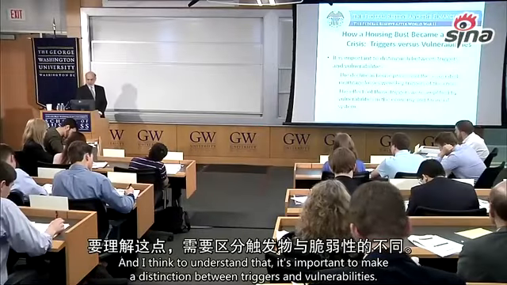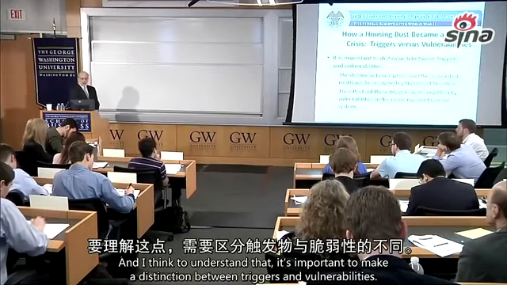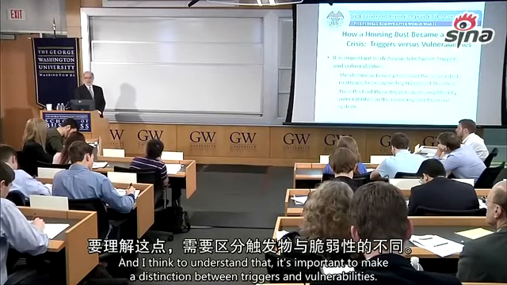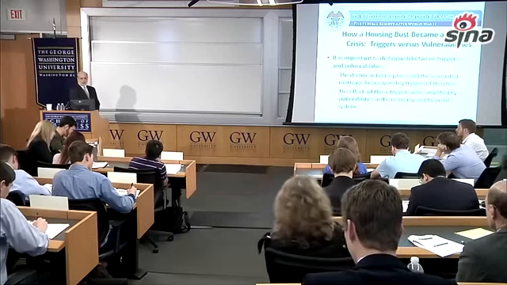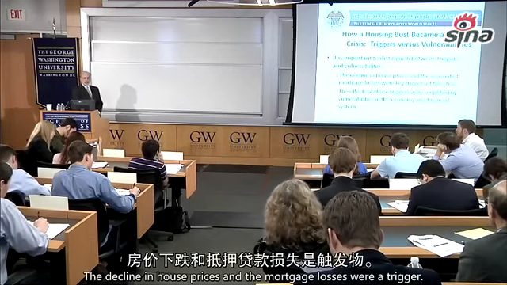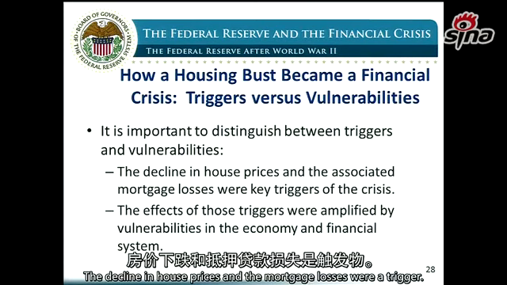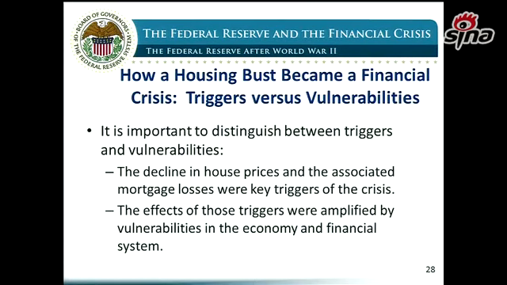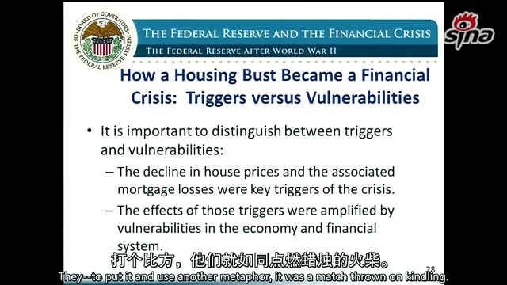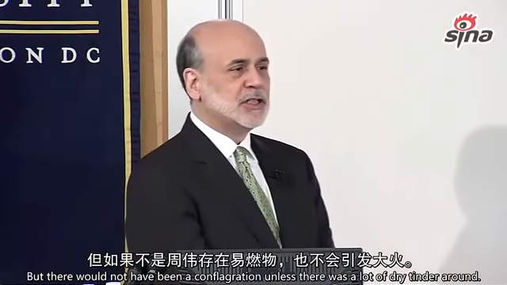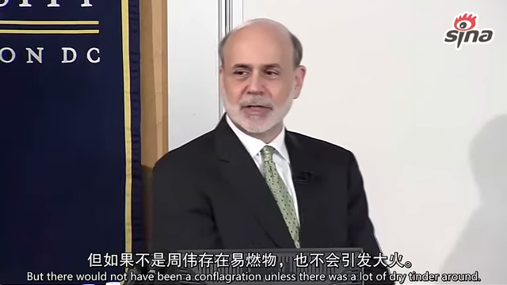And I think to understand that, it's important to make the distinction between triggers and vulnerabilities. The decline in house prices and the mortgage losses were a trigger. To use another metaphor, it was a match thrown on kindling. But there would not have been a conflagration unless there was a lot of dry tinder around.